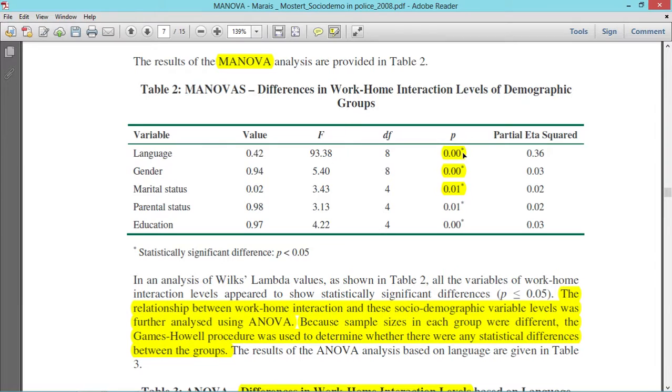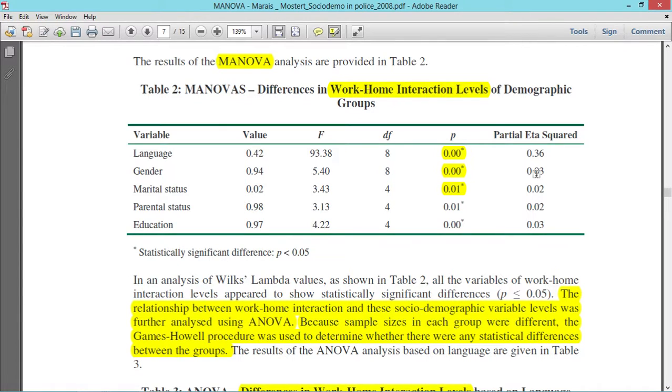Once we find our significant p-value, we look at which variable it refers to, and then therefore the MANOVA table, if we have such a case, it will say that, for example, a significant difference exists among the subgroups of language in terms of the subgroups or sublevels of our dependent variable, which in this case is work-home interaction levels.